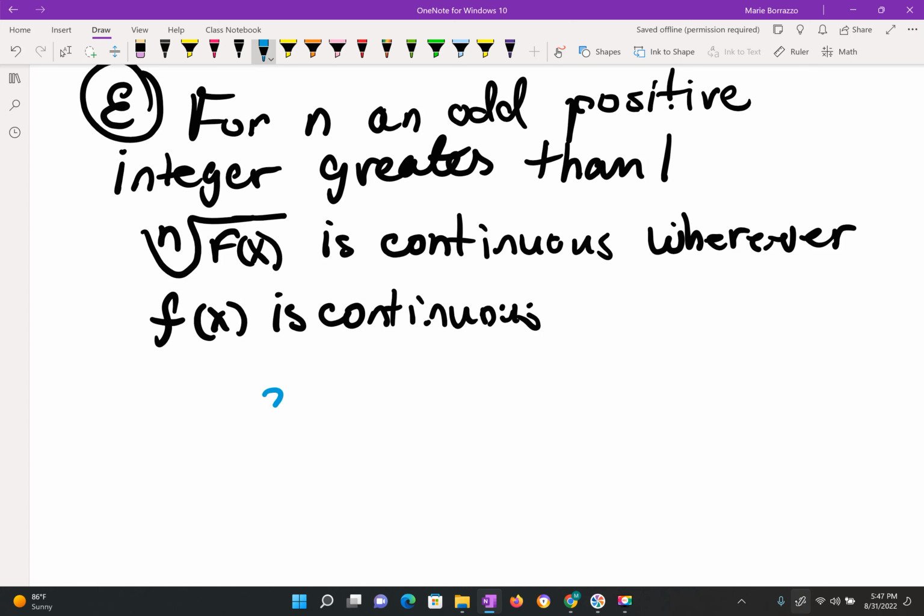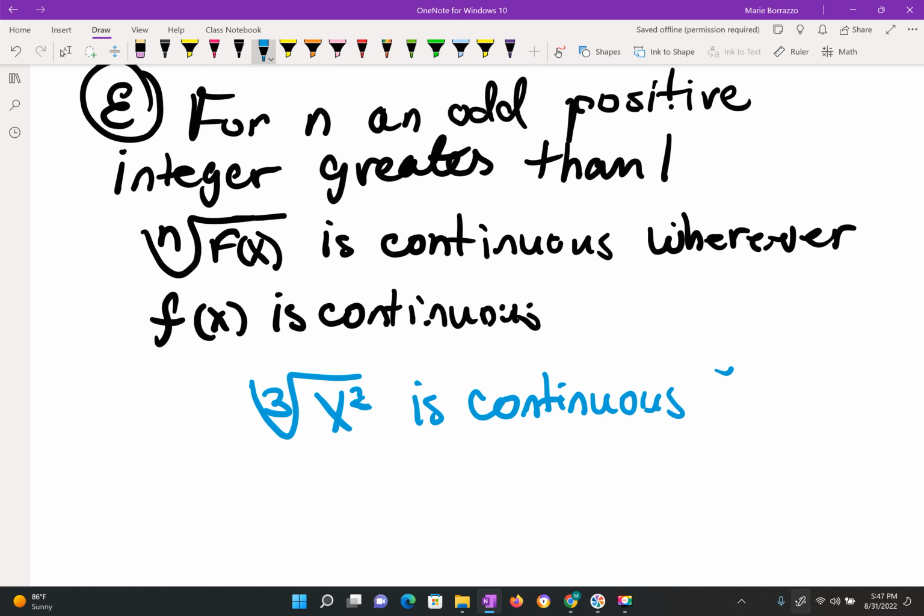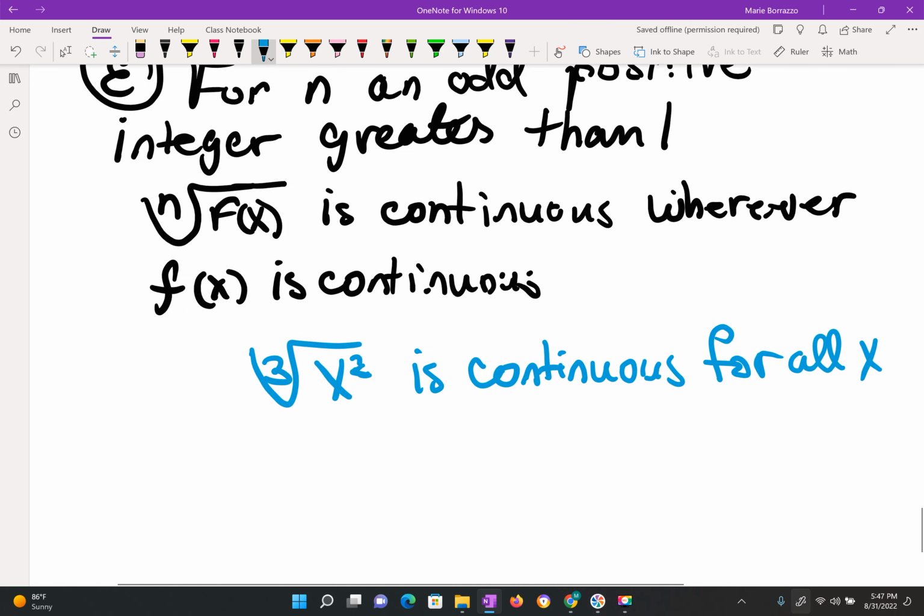So we're looking at the cube root, for example, of x squared. The cube root of x squared, and we would say is continuous for all x. Okay, and notice that they're focusing on positive integers also.